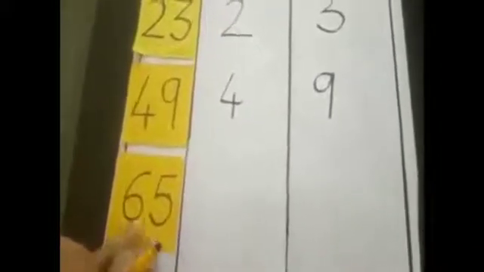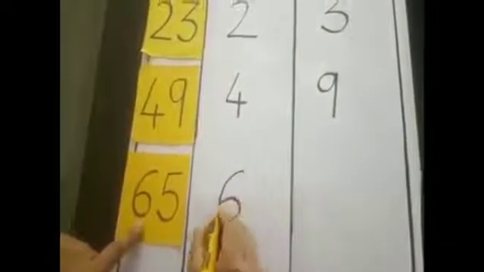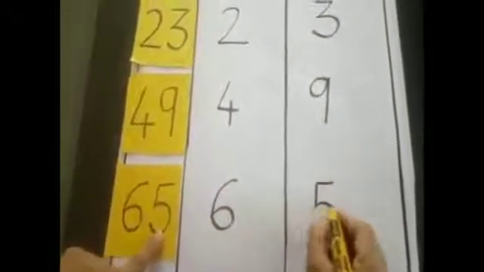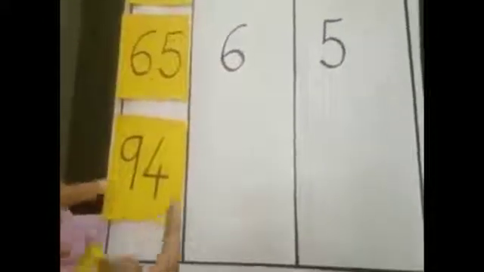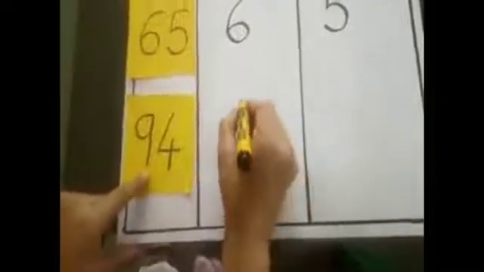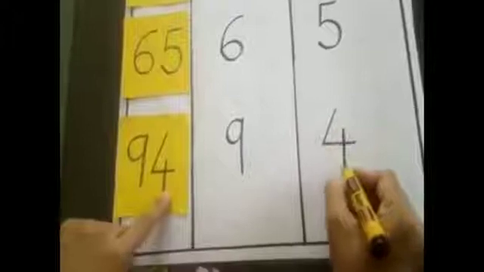Which number is this? 65. Digit 6 will sit in the tens place and digit 5 in the ones place. Which number is this? 94. Digit 9 will sit in the tens place and digit 4 in the ones place.